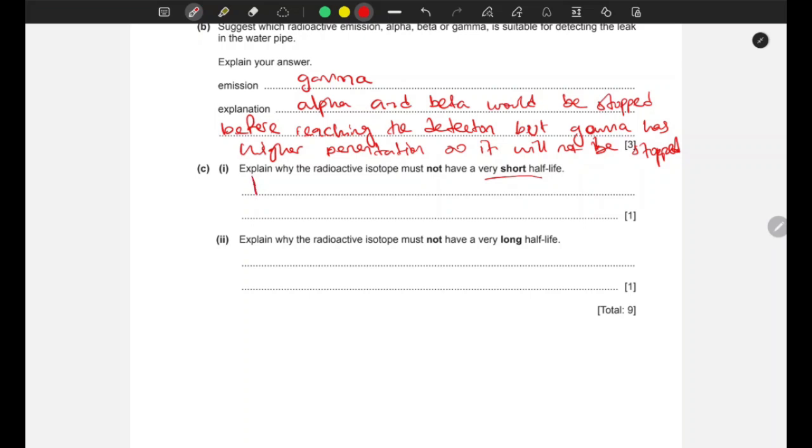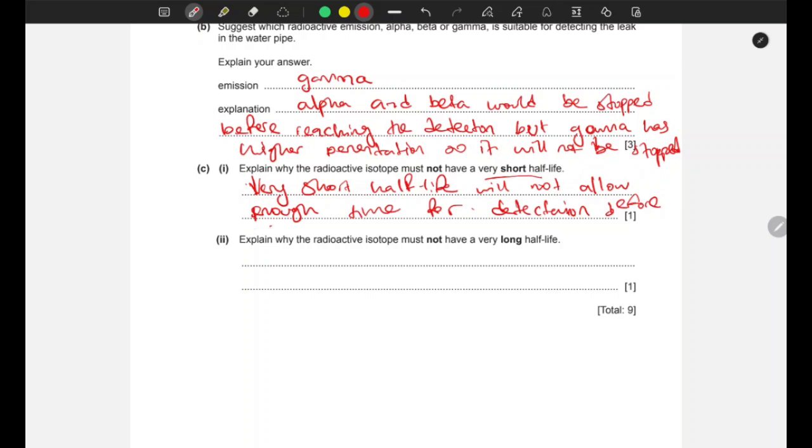A very short half-life will not allow enough time for detection before it decays. Because if it has a very short half-life, that means it would decay in short amounts of time, so it won't be detected easily.